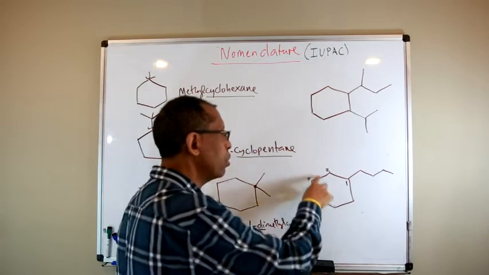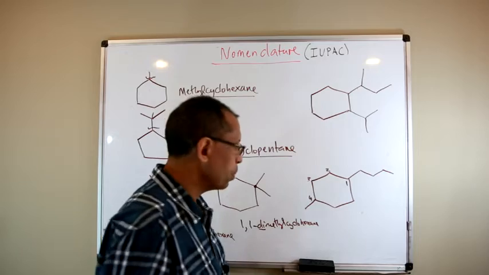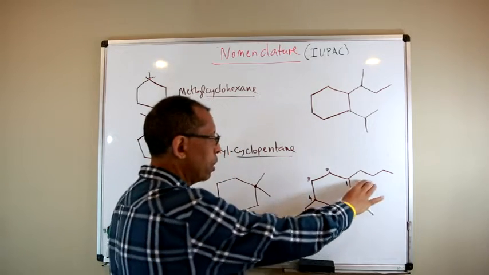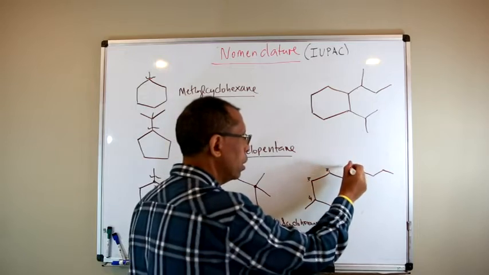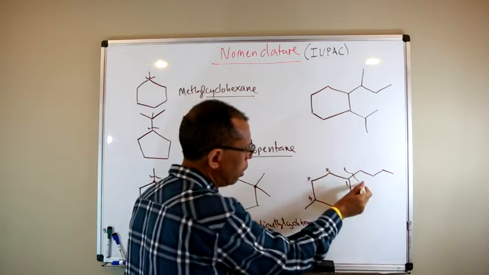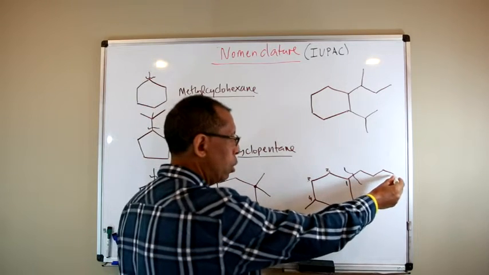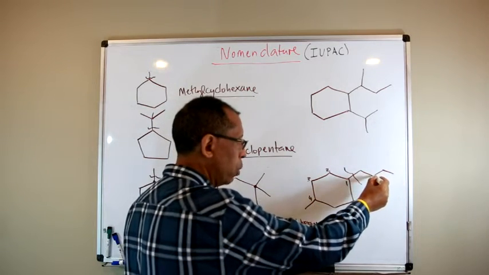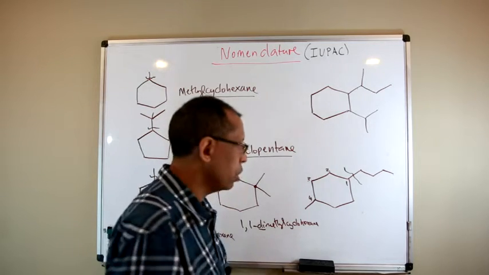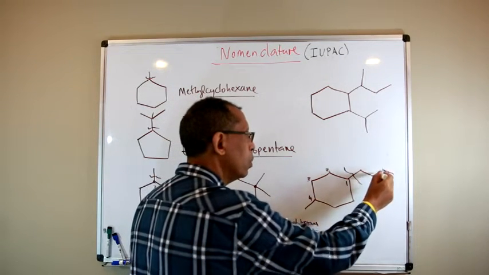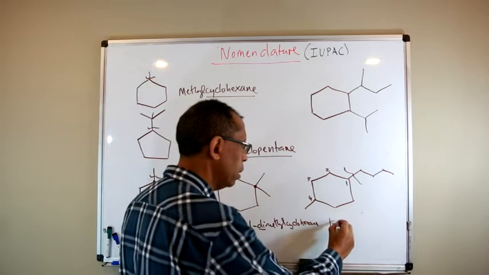But if there is a substituent, that would change which way you should go. So if you are just naming this compound, the substituent is right here. How many carbons do you see as a substituent? It's a normal butyl substituent. So it's butyl. It's normal, it's not branched. 1, 2, 3, 4. So at 1 position you have butyl.